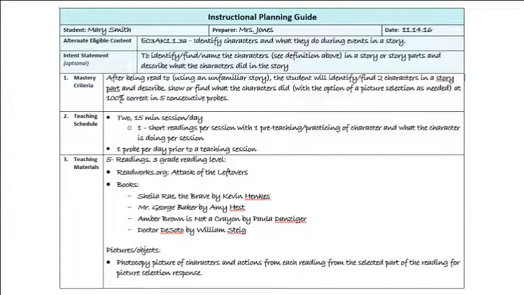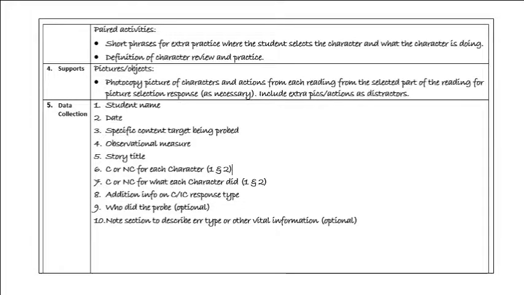What does the student need? Number three, they need all these different stories. They need some picture objects. They need some activities. What do I need to help them learn this information as I deliver it? And how am I going to collect data? And what am I collecting information on? So that I can report out and have a really good example, thinking about this content and what my students know and can do, so I can make some decisions.